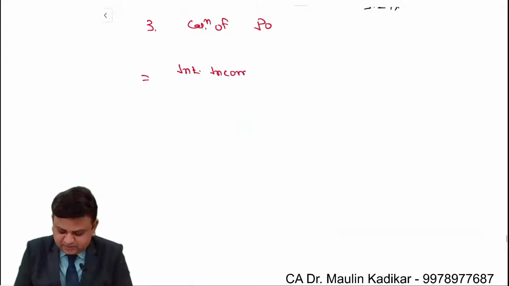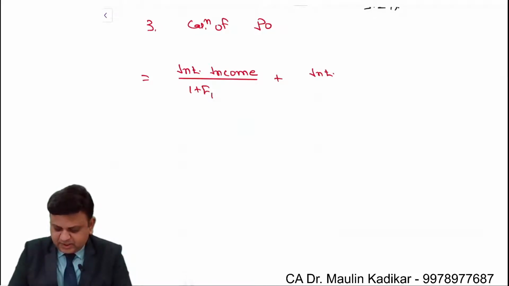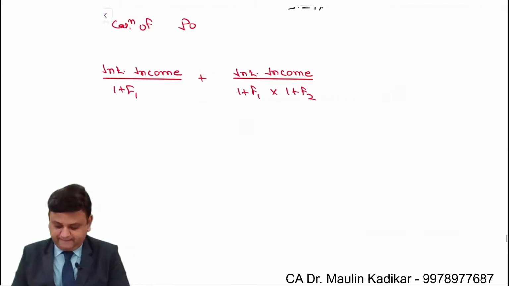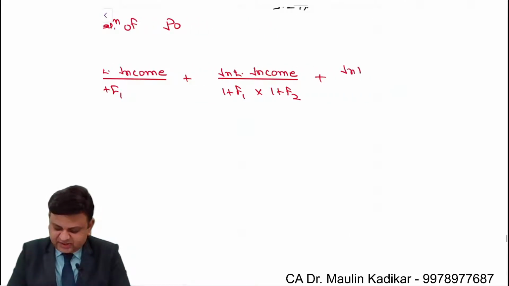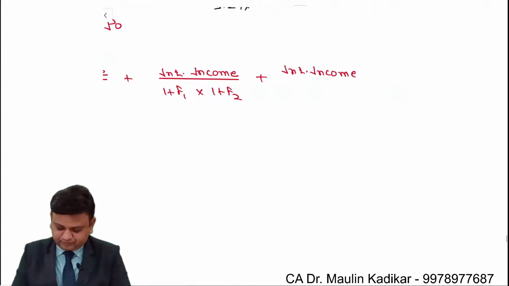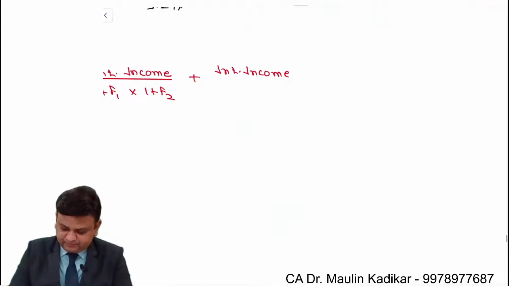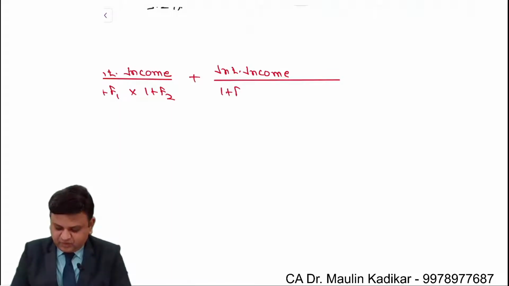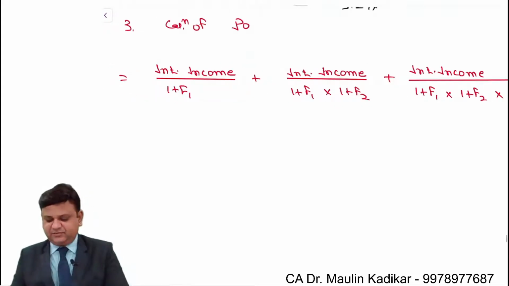Interest income for the first year divided by 1 plus F1, plus interest income for the second year divided by 1 plus F1 into 1 plus F2, plus interest income for the third year divided by 1 plus F1 into 1 plus F2 into 1 plus F3.